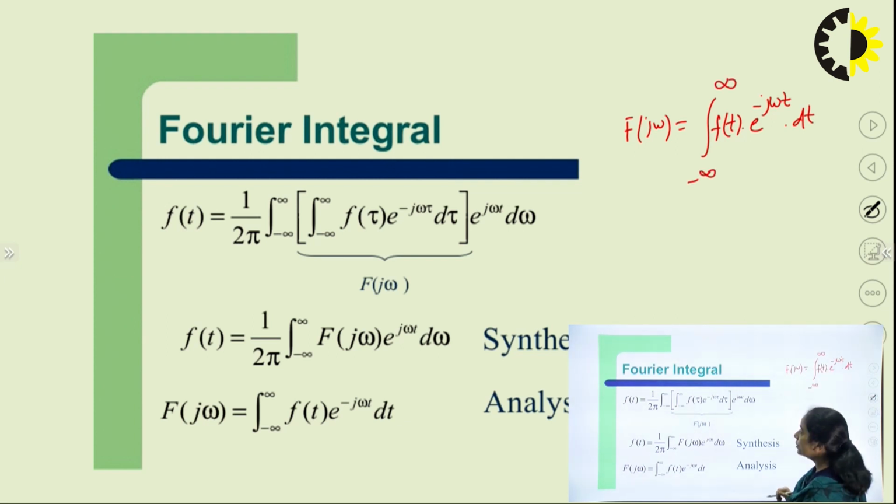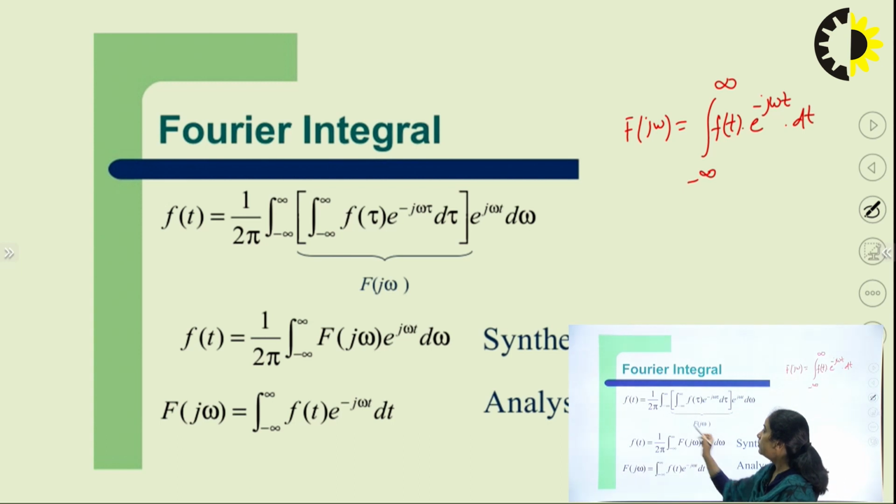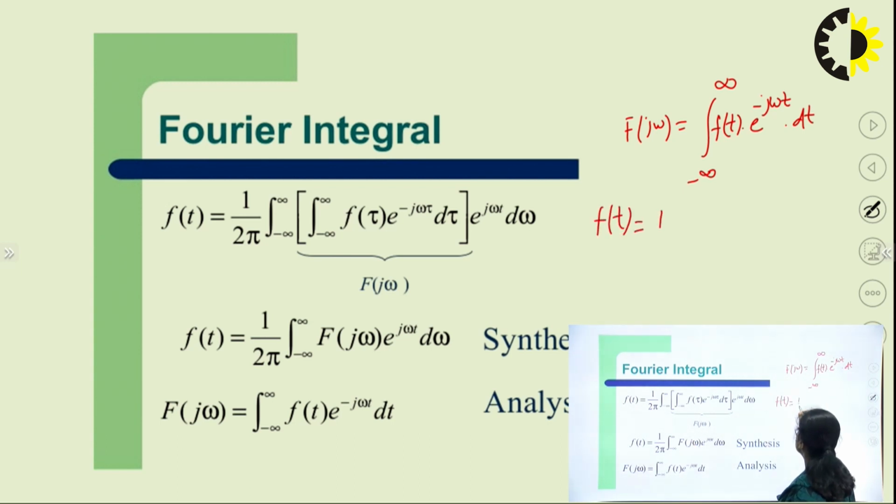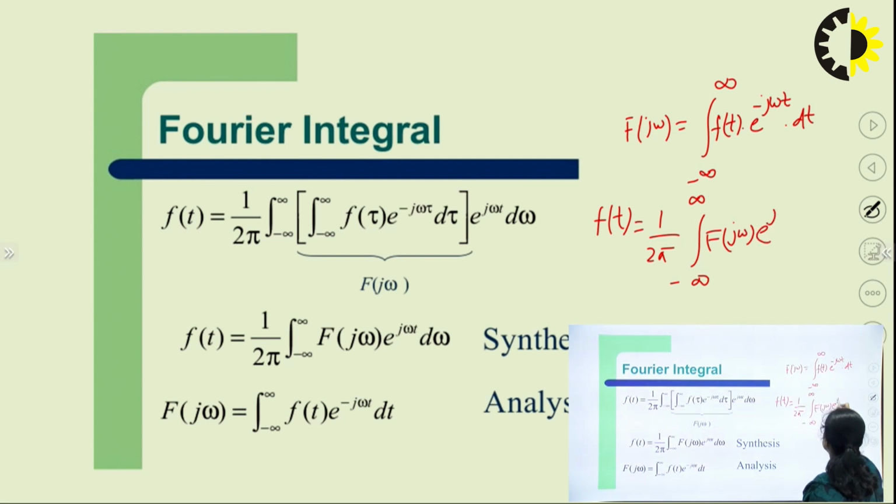This is the formula for the Fourier transform, and here we can write Fourier integral f(t) as 1 by 2 pi integral from minus infinity to infinity F of j omega e to the power j omega t d omega.